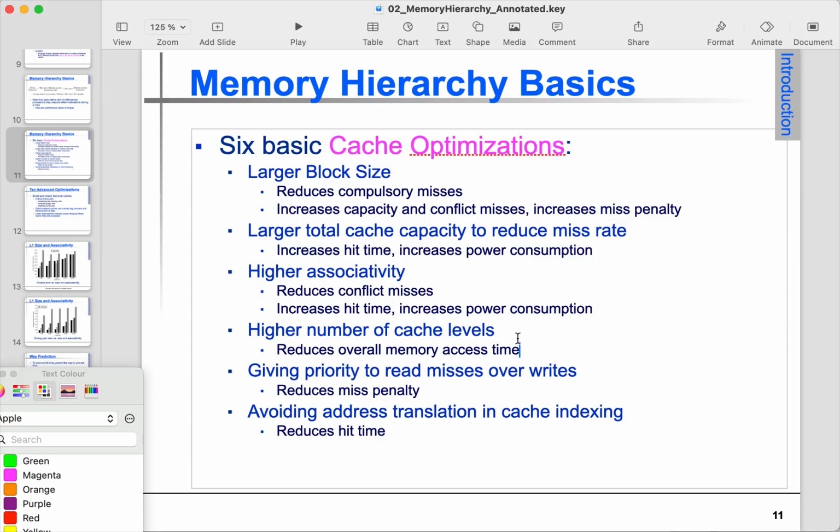We could have a larger number of cache levels. As we have seen, level 1, level 2, level 3, progressively they get cheaper and bigger. So if we only have level 1, we can add level 2 and level 3, for example.